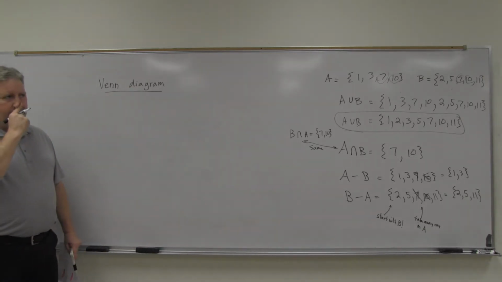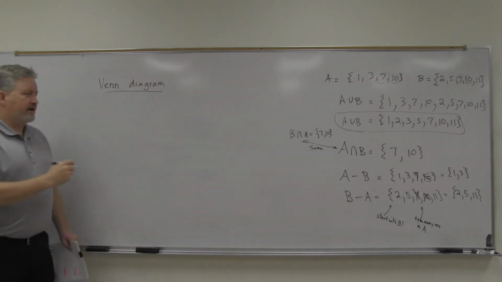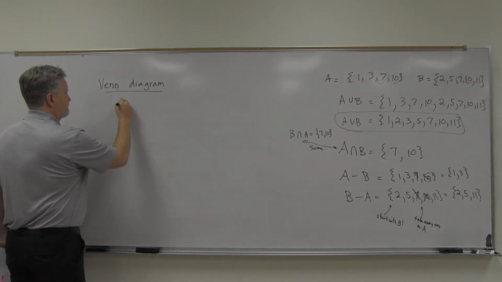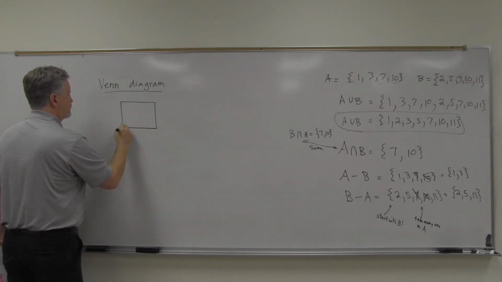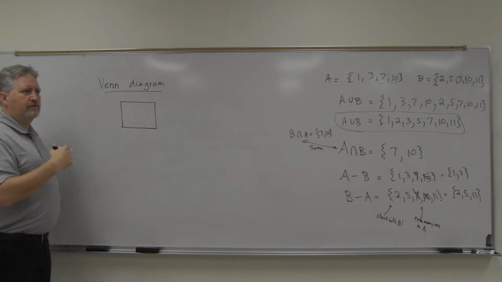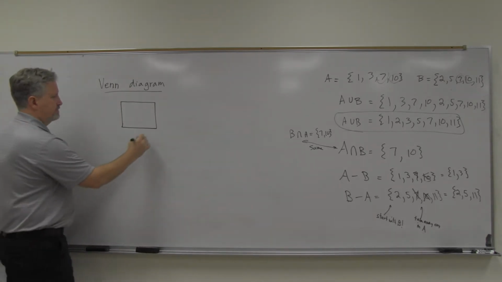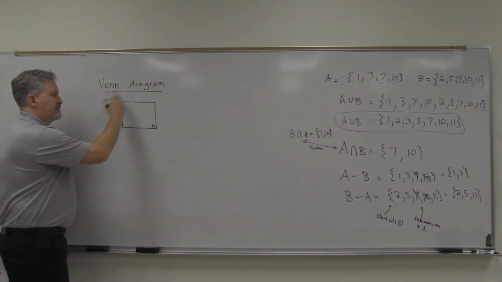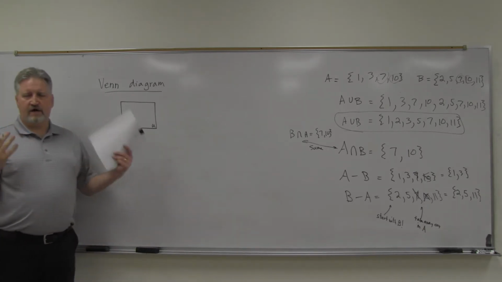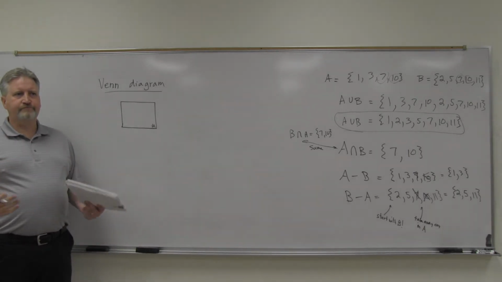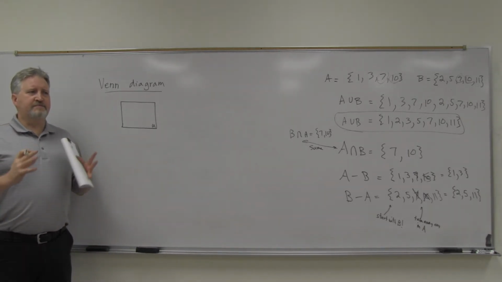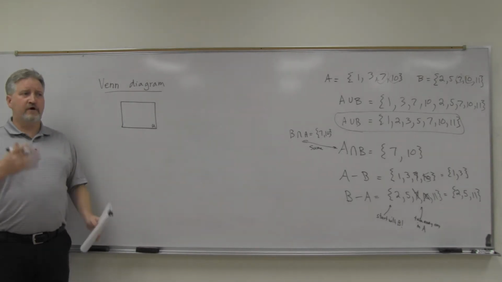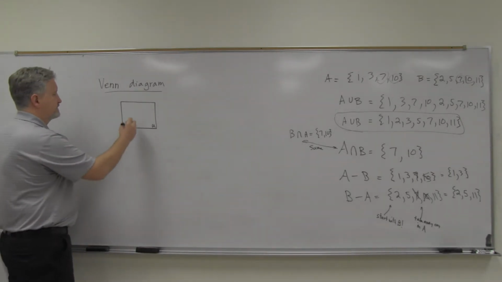Okay, so for a Venn diagram, what you start with is a rectangle. The rectangle represents the universal set. So everything in the rectangle, that's our universal set. Then sets themselves, like A and B, we draw those in as circles or ovals.